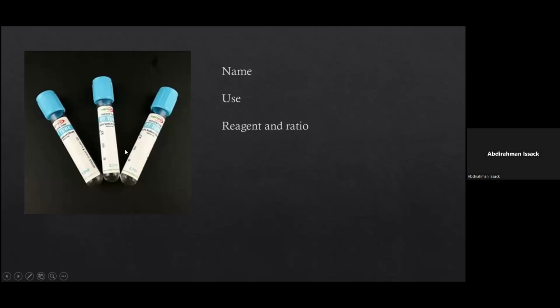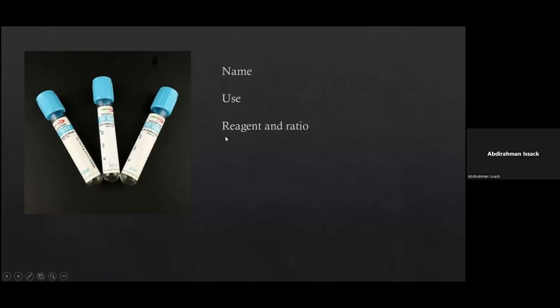Anyone? What is the name of this spot? It is the blue top, yeah? Blue top vacuum container. It is used in the coagulation profile test.